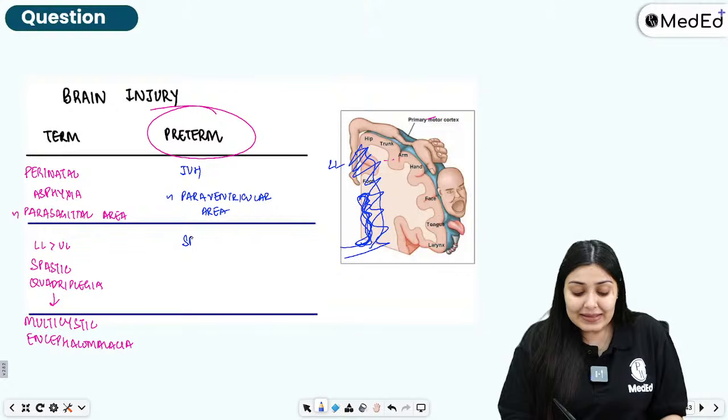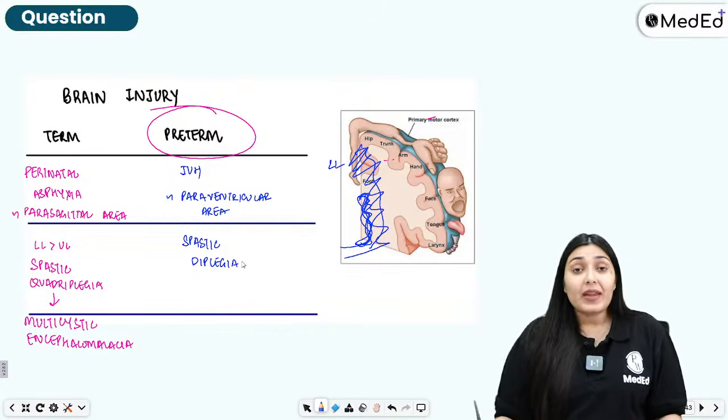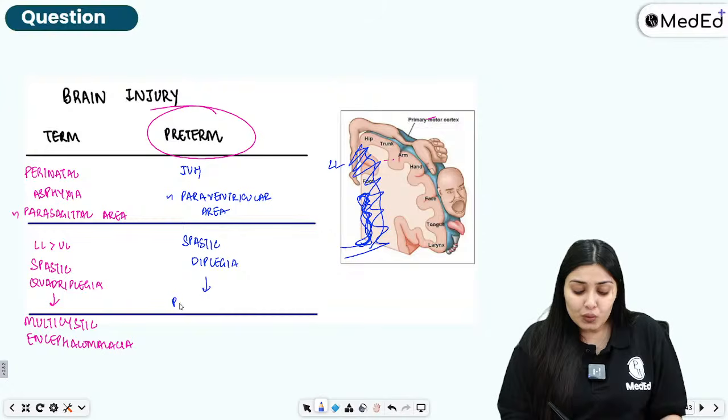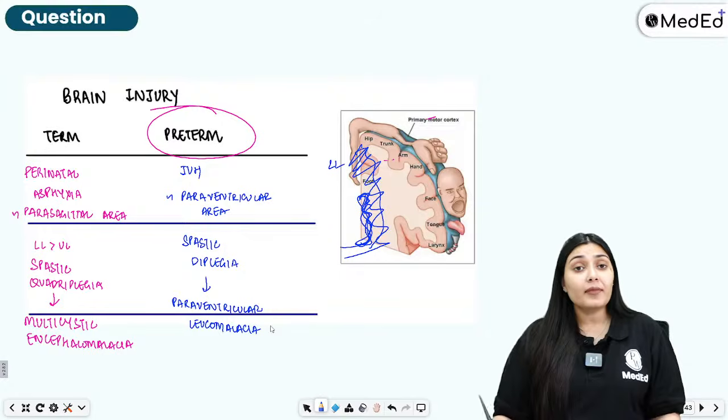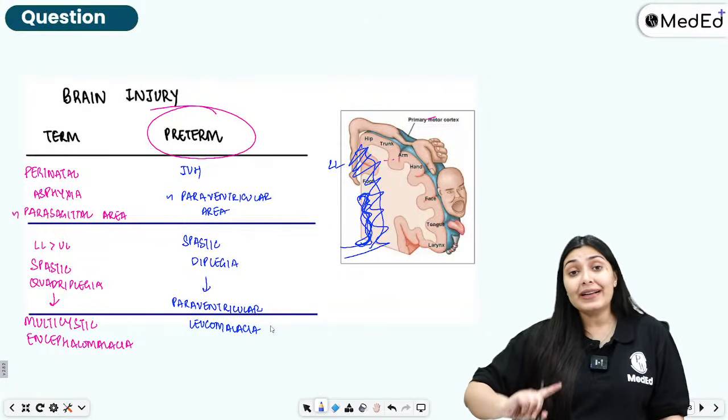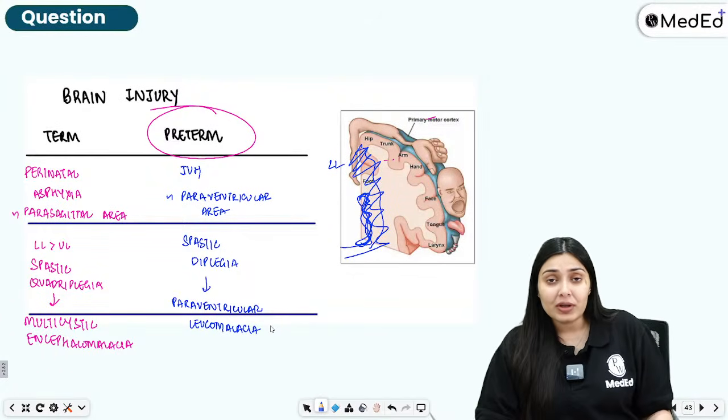There is spastic diplegia. And this progresses to paraventricular leukomalacia in the future. Right? This child will form diplegic CP in the future.